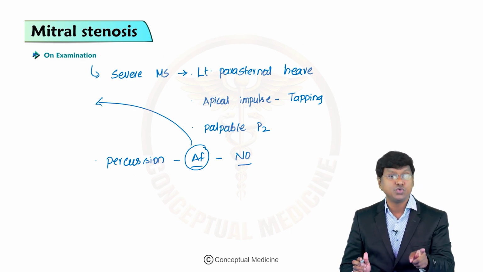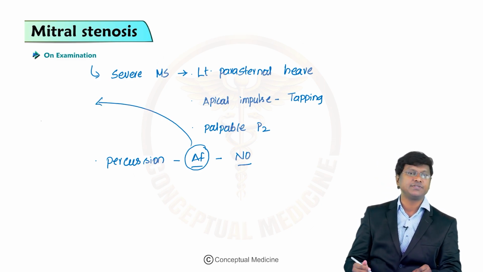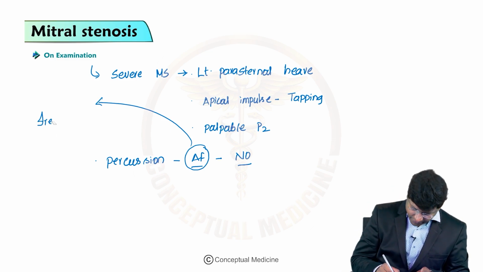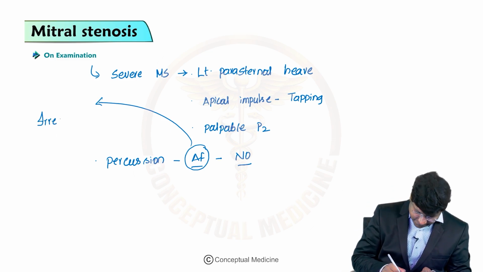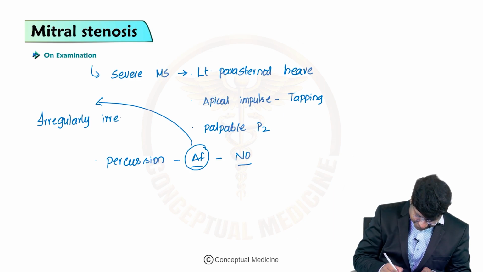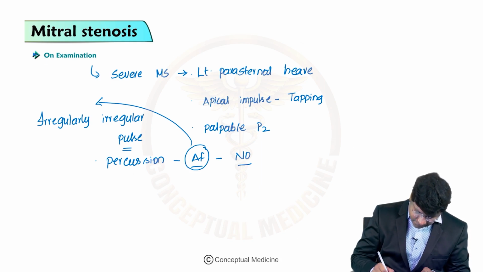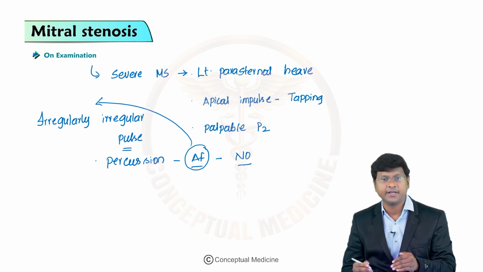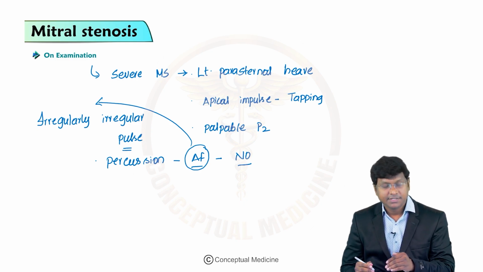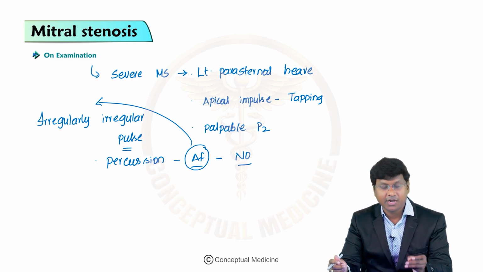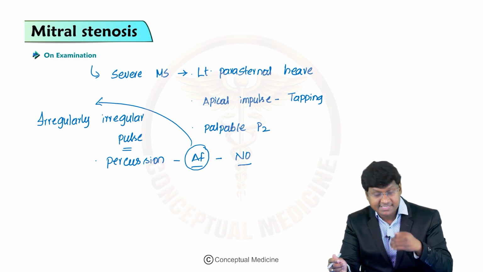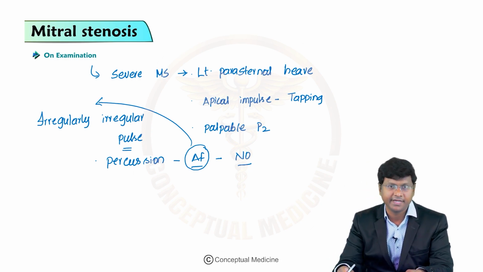If there is no atrial fibrillation, how can you make out whether the individual is in atrial fibrillation or not? When you palpate the pulse, if the pulse is irregular, then these individuals are said to have atrial fibrillation.